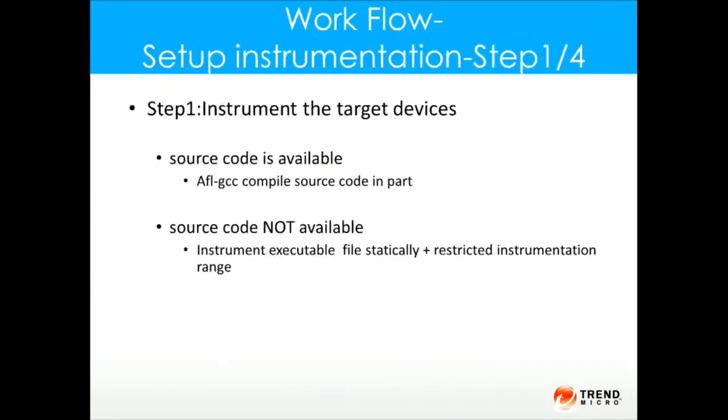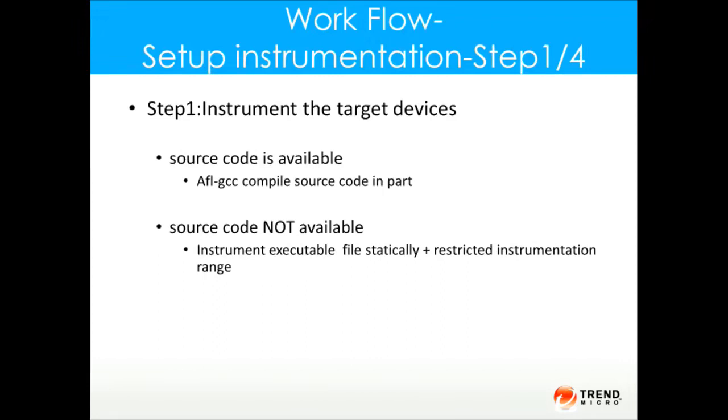Okay, let's see the step 1. Actually, this step is to set up instrumentation towards the target virtual devices. For the open source virtual devices such as QEMU, we will use AFL GCC to instrument the target devices at compile time.